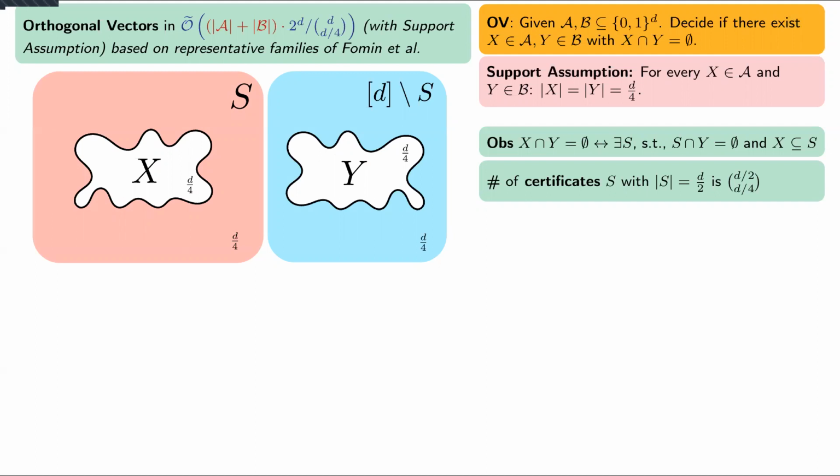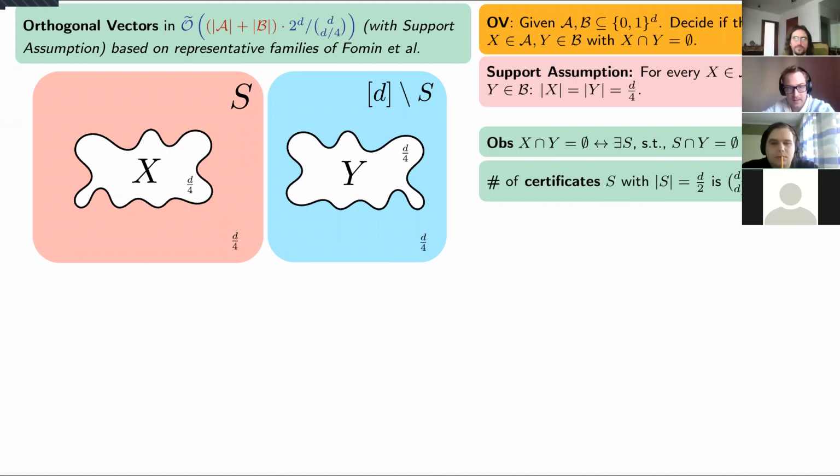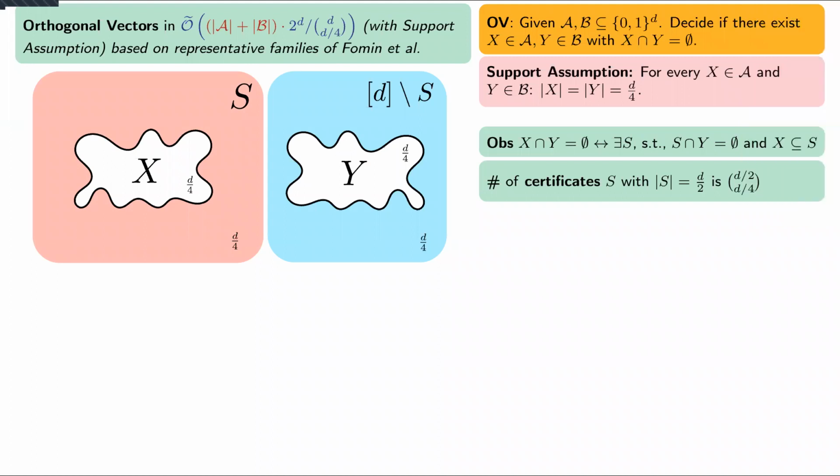The number of good certificates for disjointness of X and Y is d-half choose d over 4, basically because you have to select d over 4 elements, and you have the freedom to select them among the red and blue region, which is of size d-half. So among d-half elements, you are selecting d quarter elements.